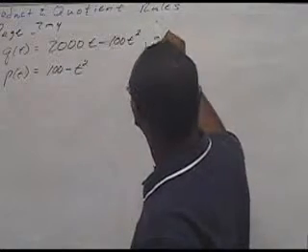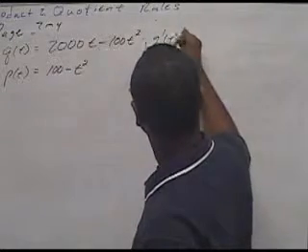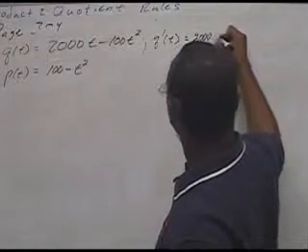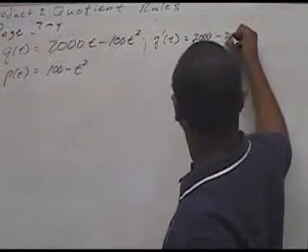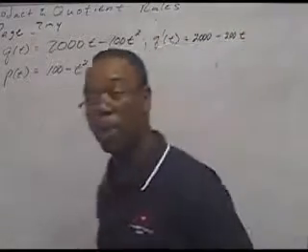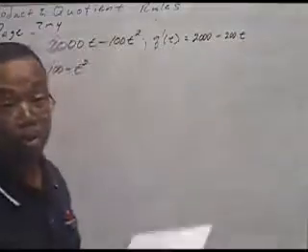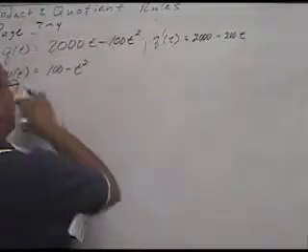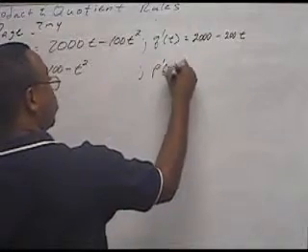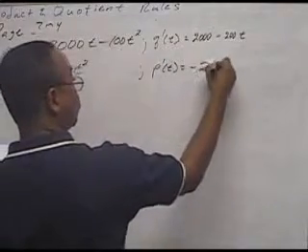So the derivative of that will be 2,000 minus 200t. This will be the rate of change for your demand. The rate of change for the price will be negative 2t.